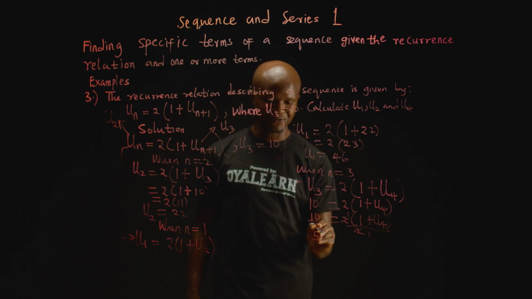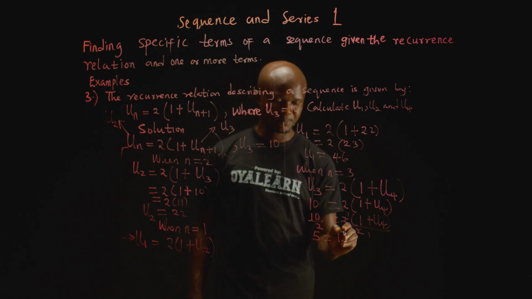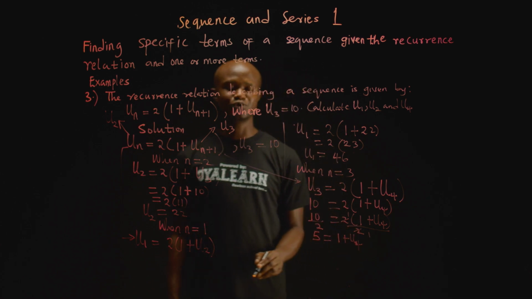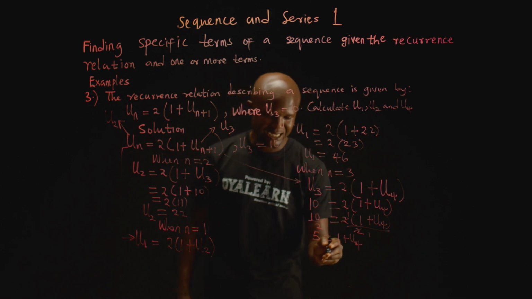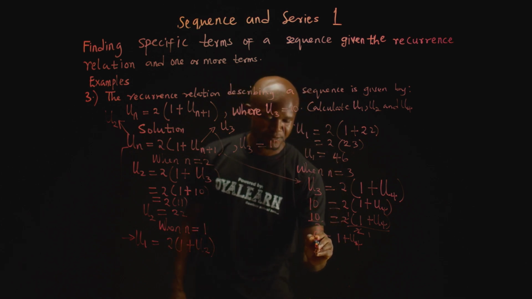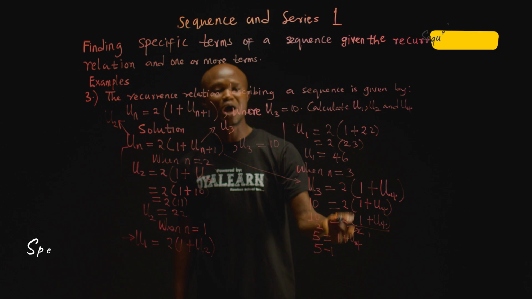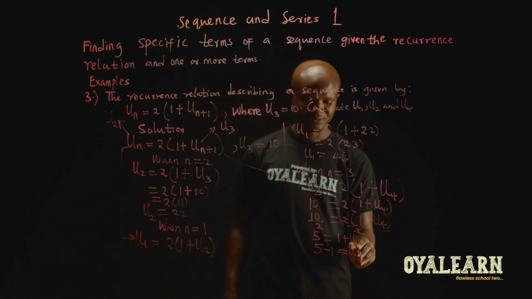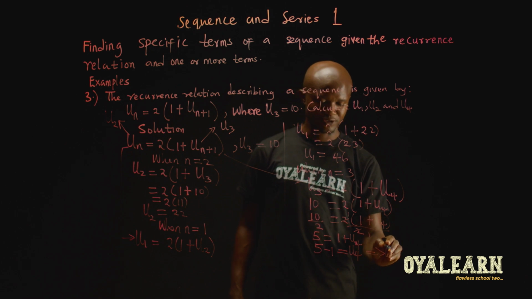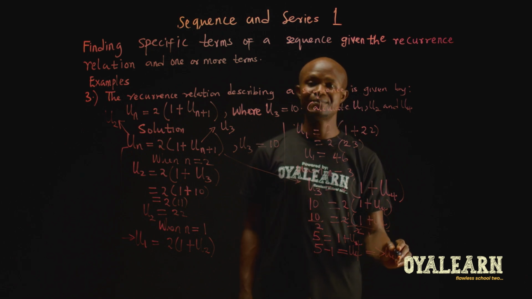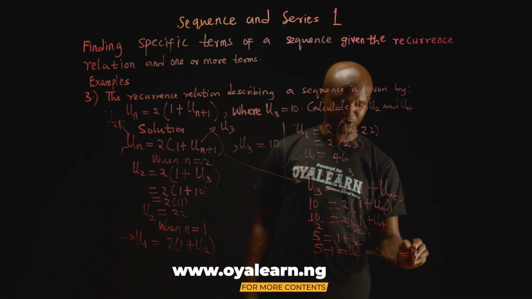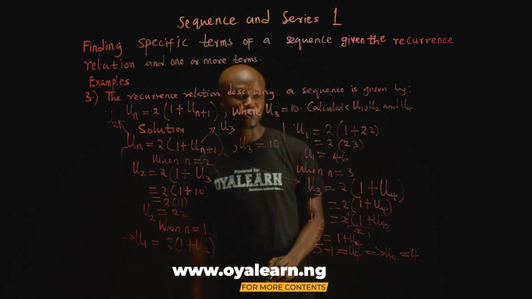So 5 equals 1 plus u_4. Making u_4 the subject, 5 minus 1 equals u_4. So u_4 equals 4.